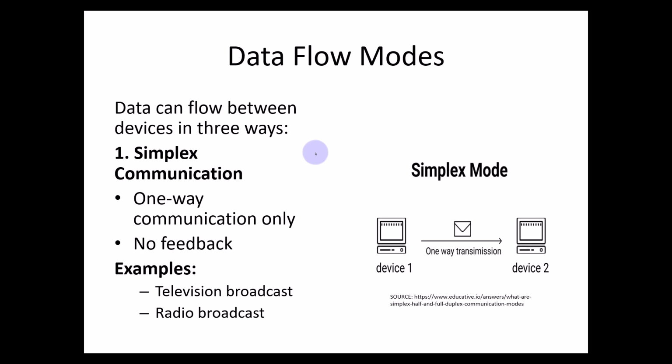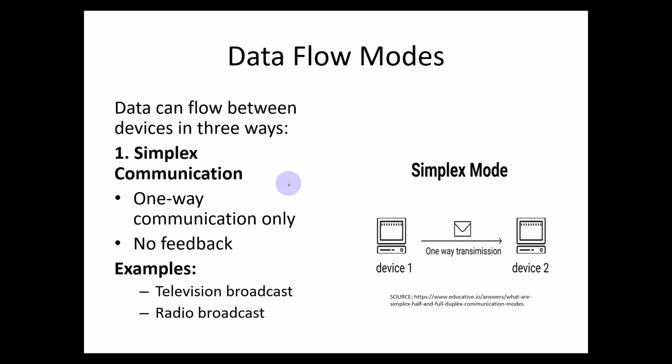So we've talked about the effective communication system. Let's look at the data flow modes. Now that we have a fair idea of the components that make up a communication system and why data communication should be effective, let's look at how data flows between devices.